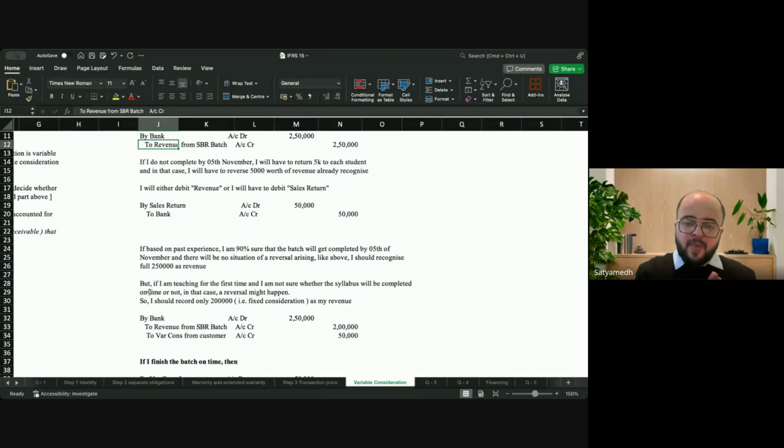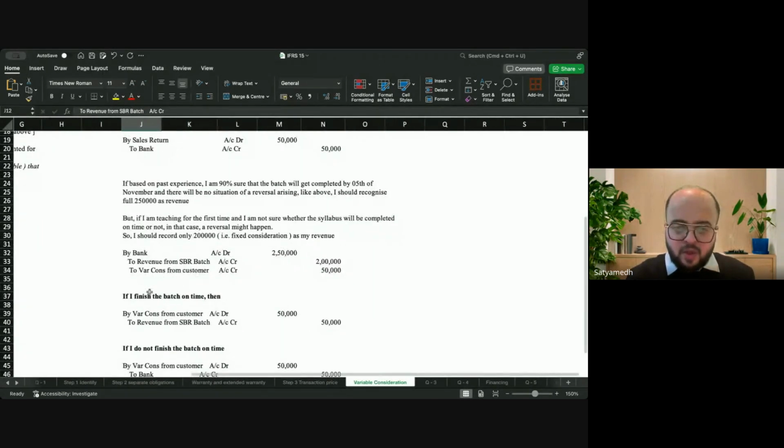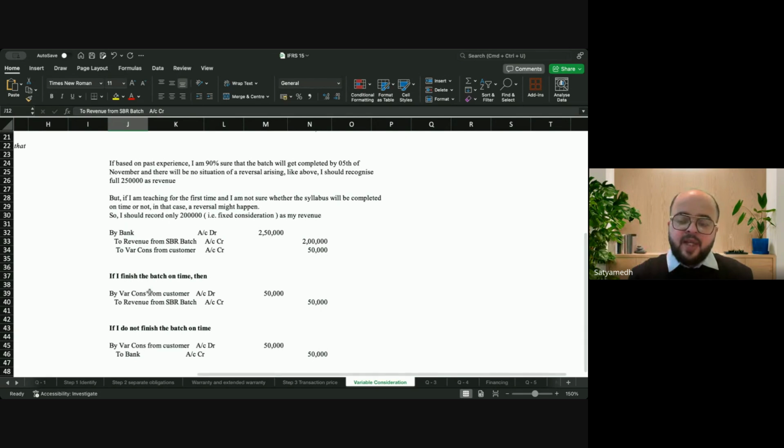If based on past experience, I'm 90% sure that the batch will get completed by 5th of November and there will be no situation of a reversal happening, like we saw above, I should recognize the full 2,50,000 as revenue. But if I am teaching for the first time, I'm not sure whether the syllabus will be completed, then a reversal might happen and I don't have any confidence about that.